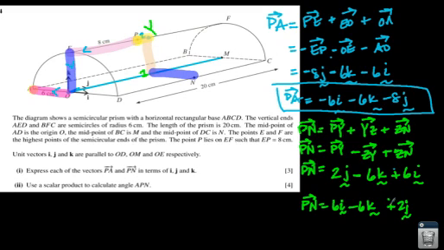So those are our two vectors for part 1.